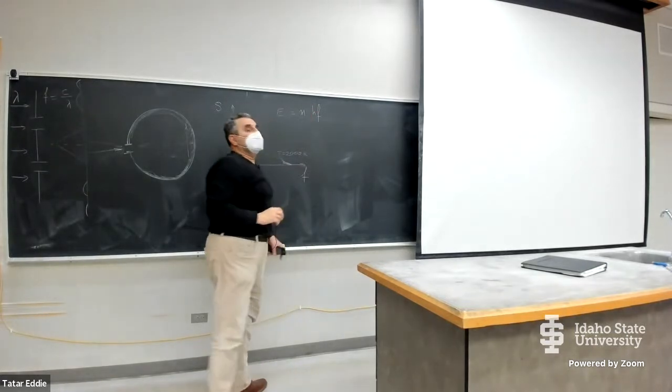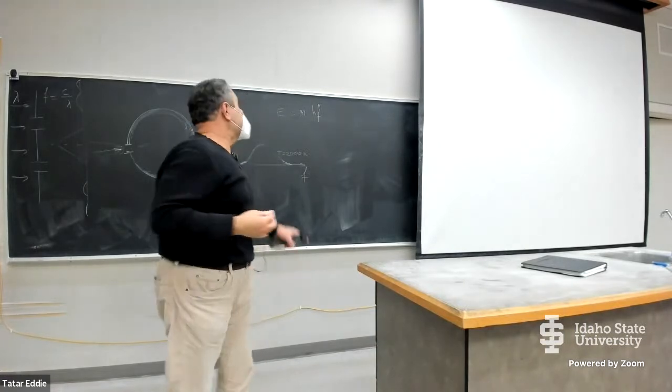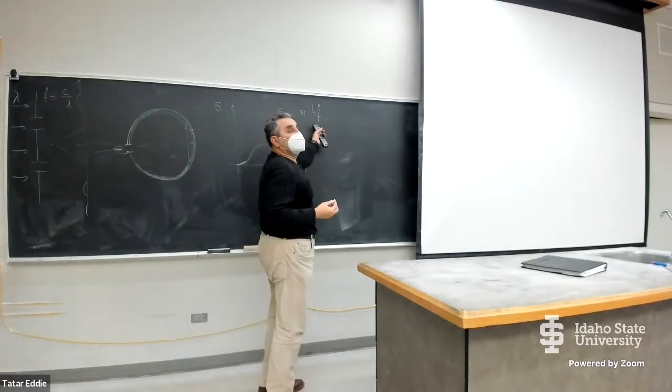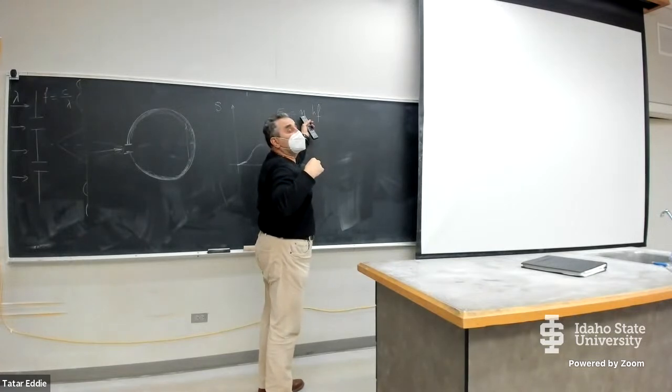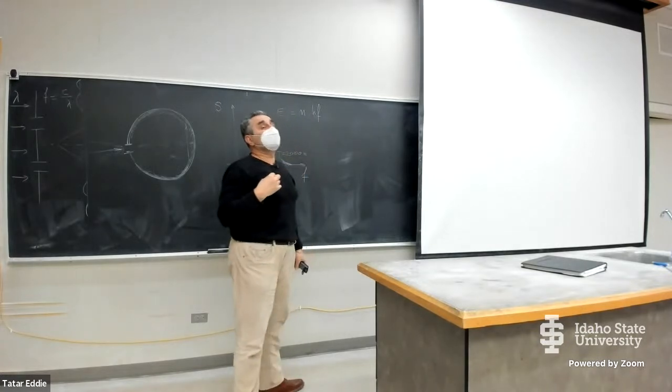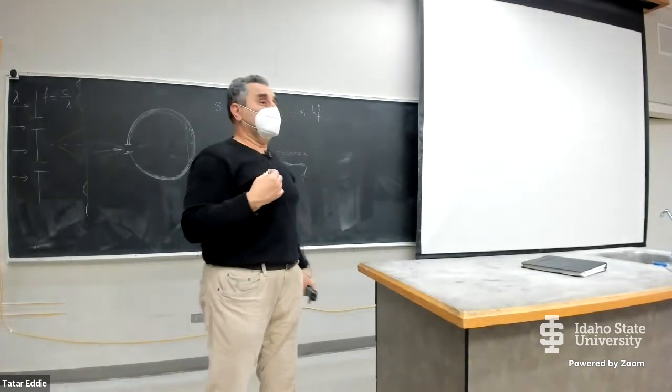So the total energy of light with frequency corresponding, let's say, to red, is going to be some integer number n of a constant h times the frequency of the red light.